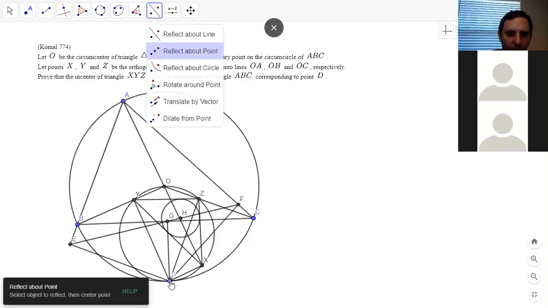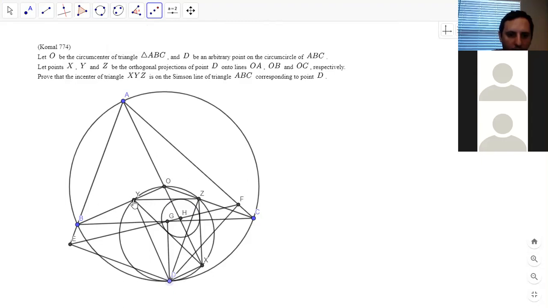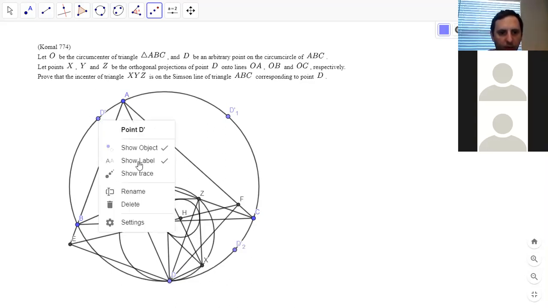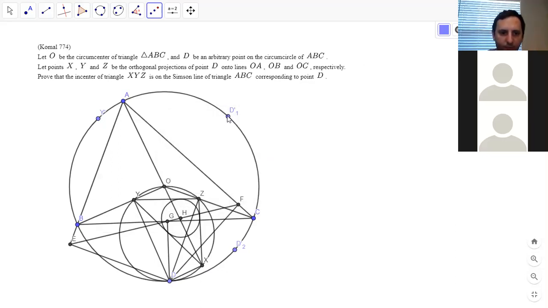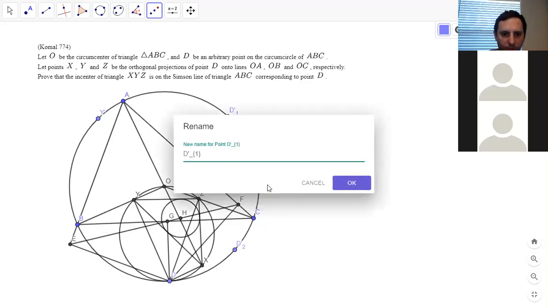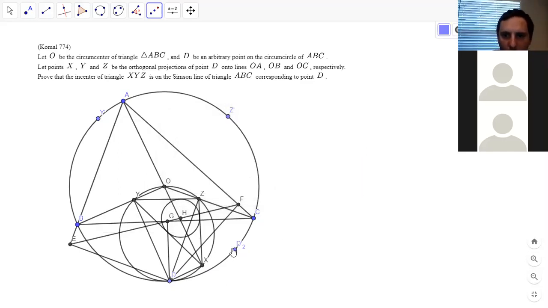So homothety. Homothety with ratio 2 takes this circle to this circumcircle. So we'll call this Y prime and Z prime. And this is X prime.